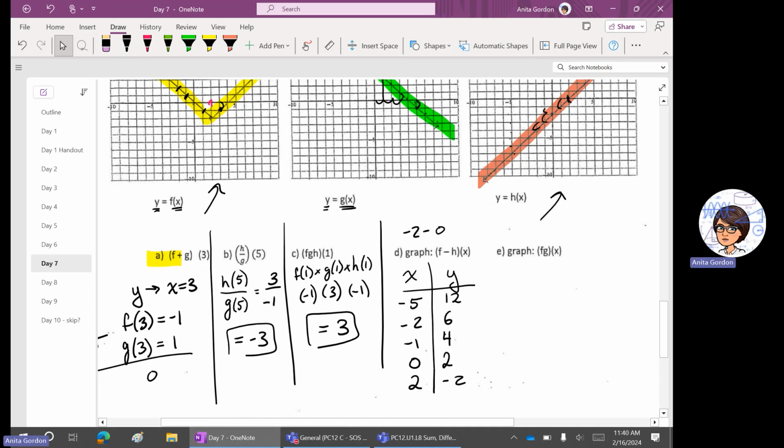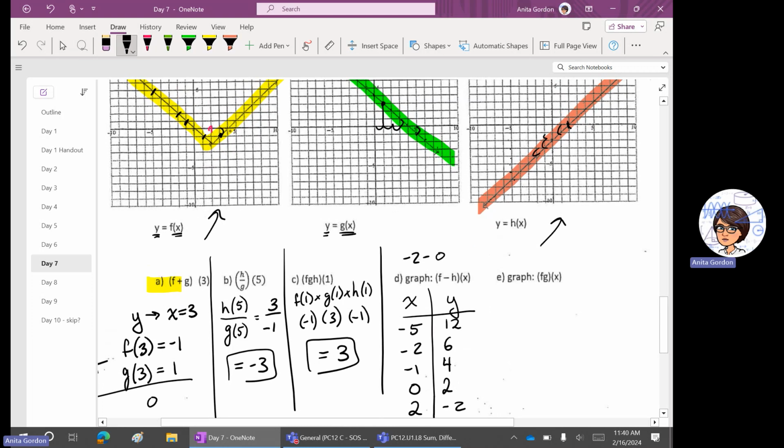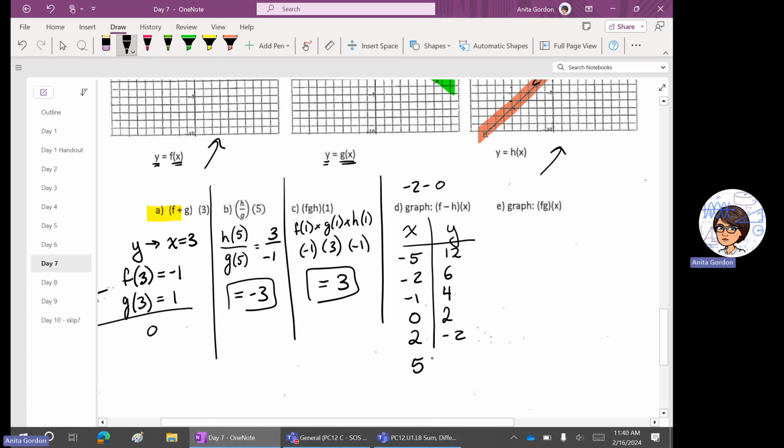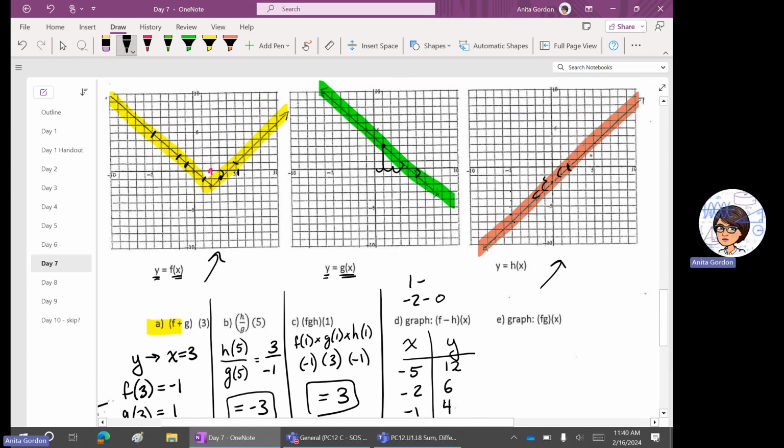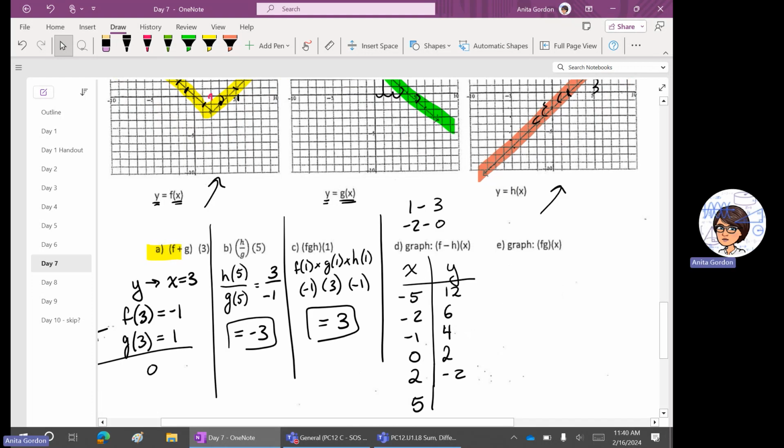Okay. And then let's skip a few. Let's go to +5, is 1. 5 is 1 minus, where's the 5 here? 1, 2, 3. So this is -2 again.